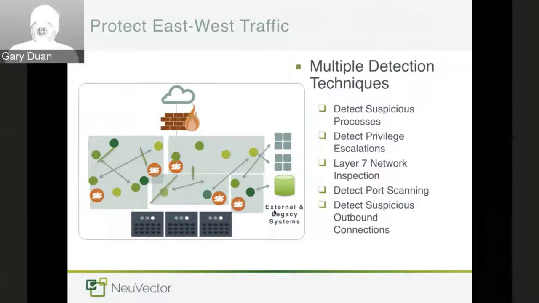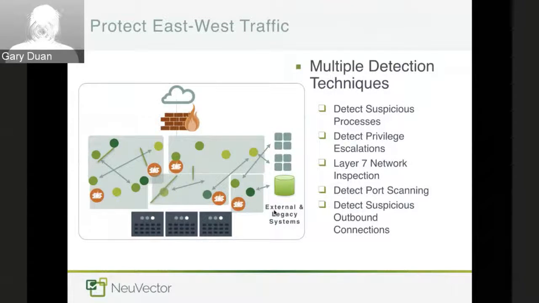As a security solution, we also want to combine all these different techniques: to detect root escalation, to see if there is any suspicious process running, and to detect any unexpected network connections between different container services.